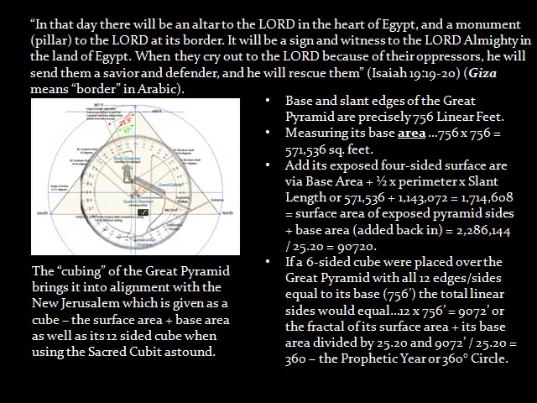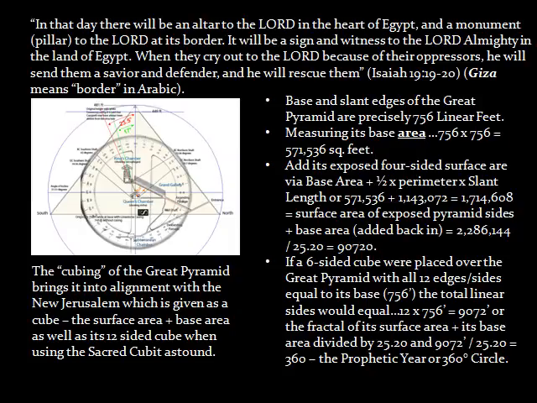The base and slant edges of the Great Pyramid are precisely 756 linear feet, measuring one side of the base. 756 linear feet times 756 linear feet will give you the base area of the Great Pyramid at 571,536 square feet.